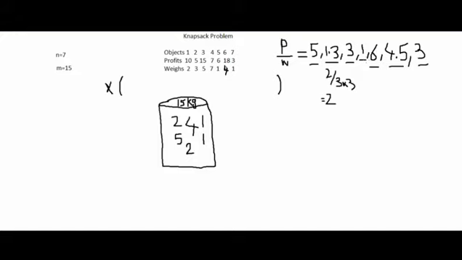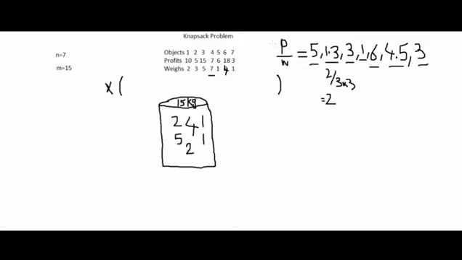You can see that we haven't placed this object 4 with the profit 7 and the weight 7. This object is having the maximum weight. So applying the strategy, we solved the problem, and we haven't placed that object with the maximum weight.